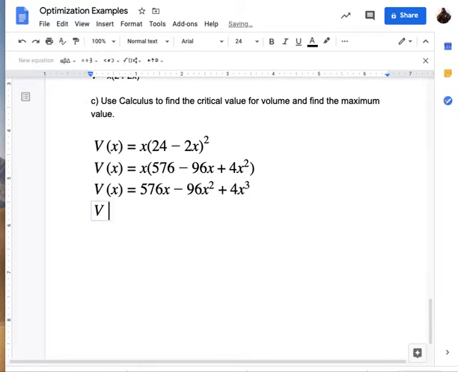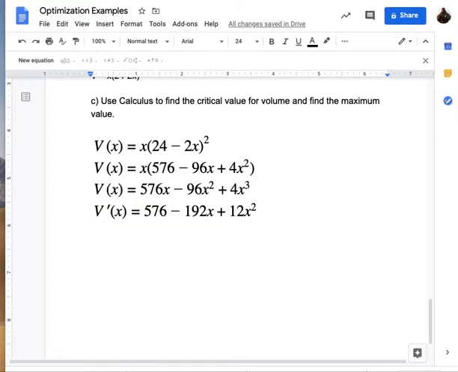New equation, now V prime of x. 576x would give us 576, minus 192x when we use our power rule, plus 12x squared, and that would be our derivative.